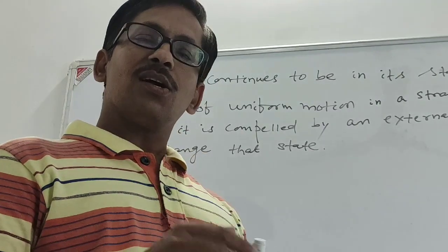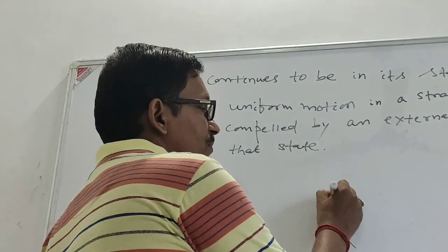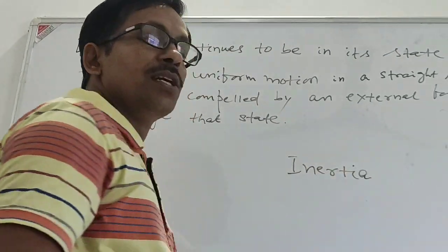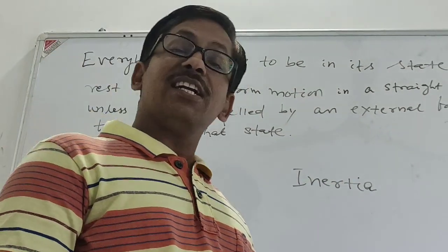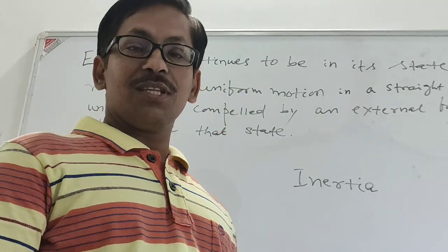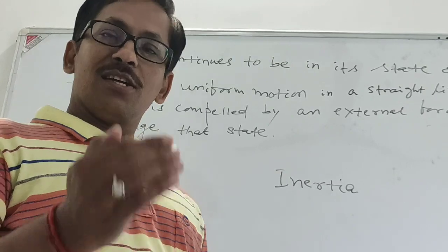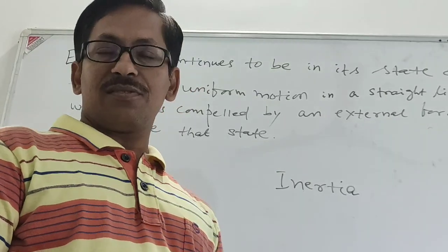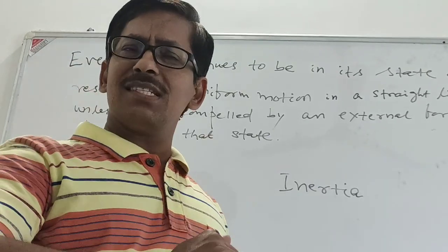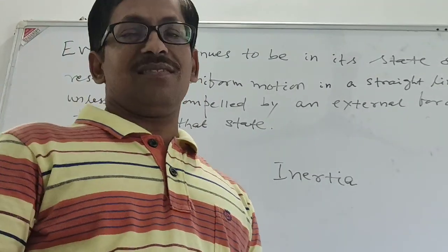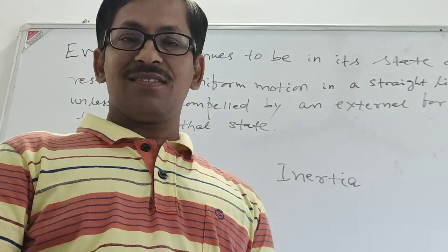So, inertia is of three types. Inertia is a property to remain in the state of rest or of motion or in the same direction. So there are three types of inertia: inertia of rest, inertia of motion, and inertia of direction. What is inertia of rest? When a body is at rest, it tends to remain in the state of rest.